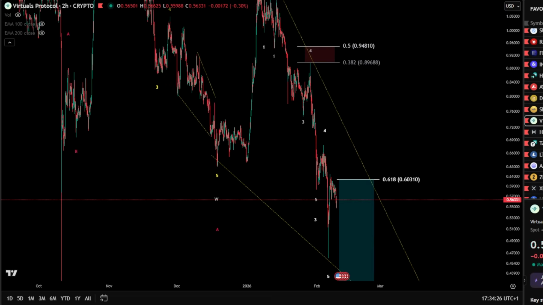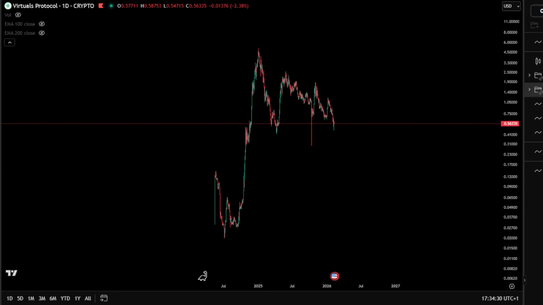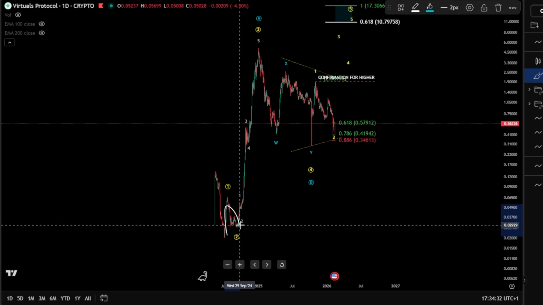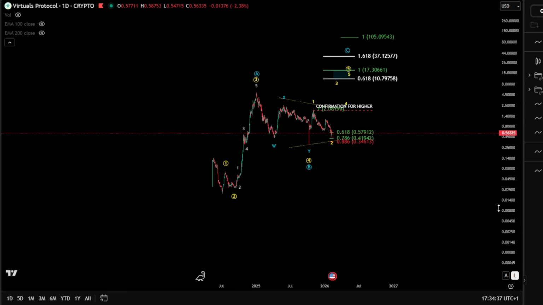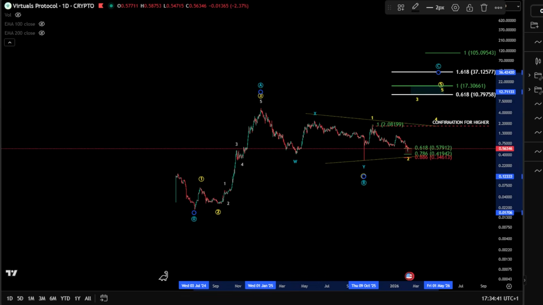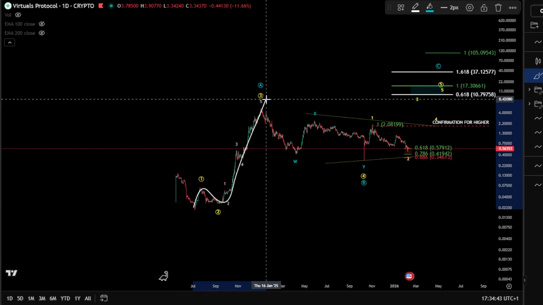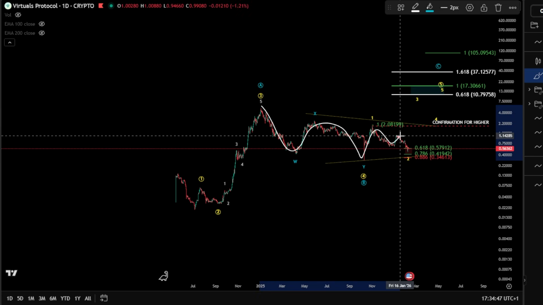Let's move to Virtuals. For Virtuals, we are also looking at the daily. On the daily, we have a potential 1, 2, 3, with a massive wave 3 finishing as an impulse, or as a wave A, 3 waves, A, B, and a C, with an extended wave C, followed by a very long sideways correction.